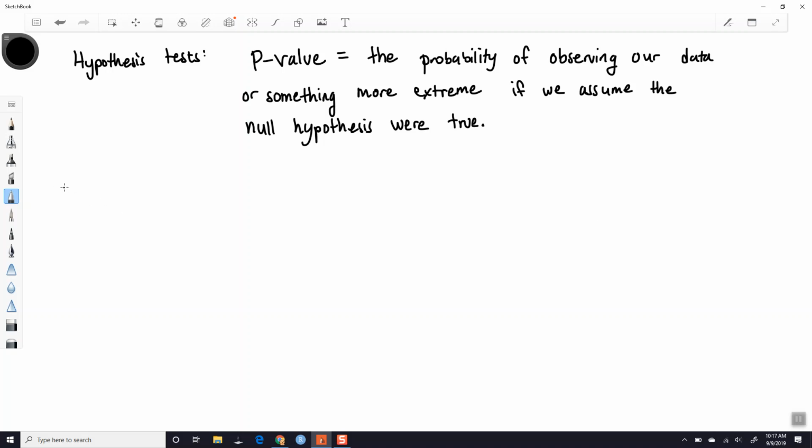When the null hypothesis is true, it generally means that only the random process is responsible for the variation that we see in our data.